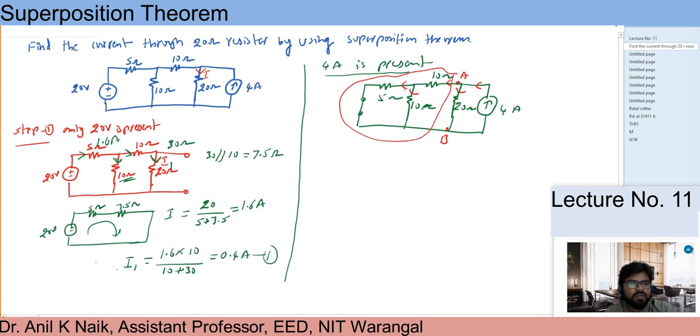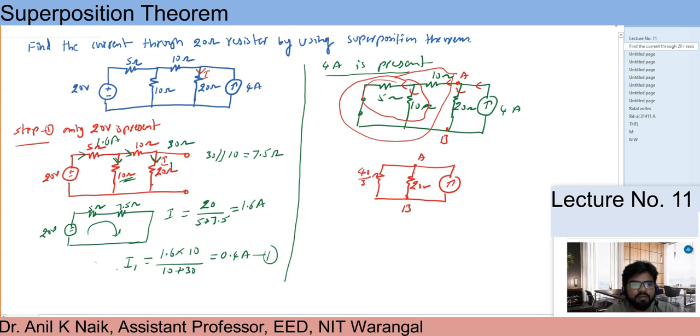These two are parallel, 5 ohm and 10 ohm, and whatever effective resistance you get is added to your 10 ohm resistance. This is what the network looks like: this is my 20 ohm, and this is my AB terminal. The net resistance is these two in parallel plus this 10 ohm resistor. So this is 40 by 3 ohm we are going to get.